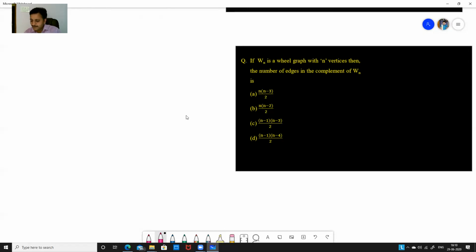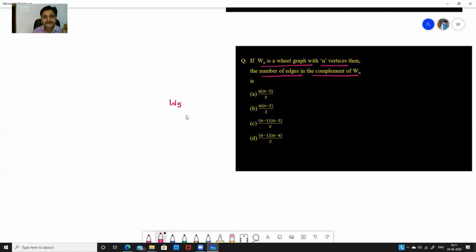Now see, if Wn is a wheel graph with n vertices, then the number of edges in the complement of Wn. First, let me explain the wheel graph once again. Suppose I want to draw a wheel graph with 5 vertices.